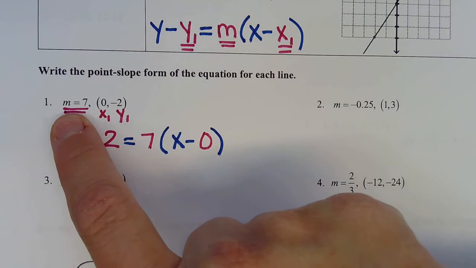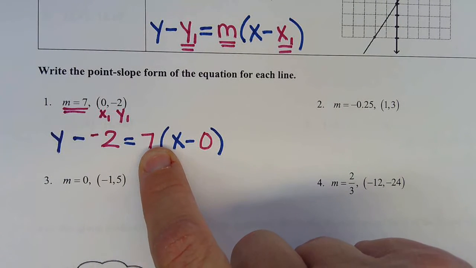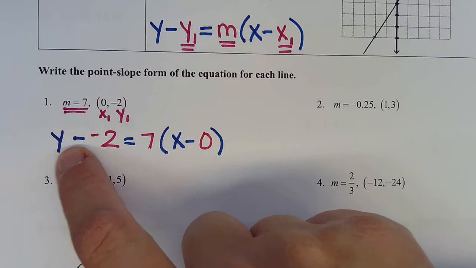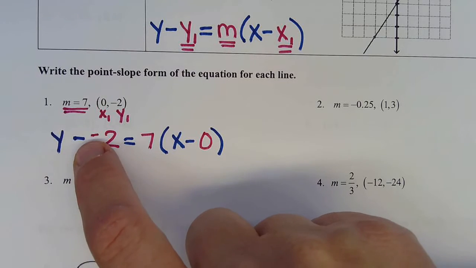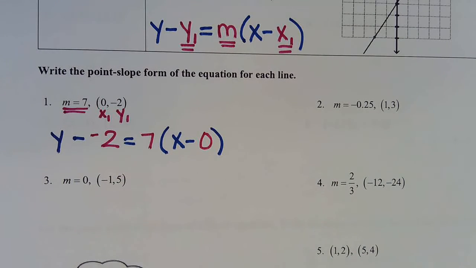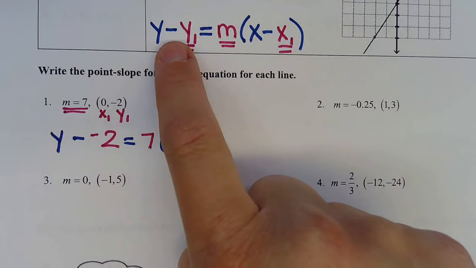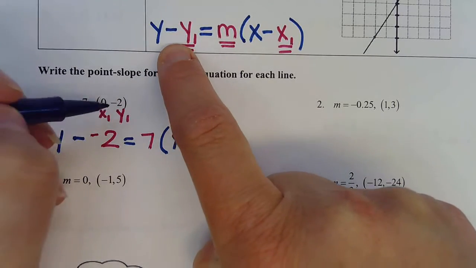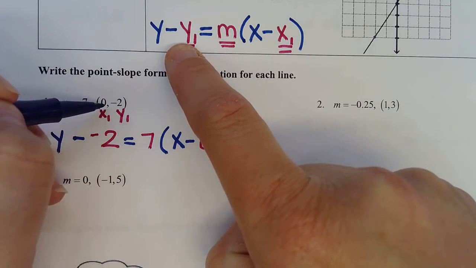7 is m. Yes, Atreyu. Do you have to put that negative sign because it's already a minus? I do. I have to because I'm subtracting -2. Yeah, but before you told me that you don't have to add that because the subtraction sign is already a negative. Well, this is y minus whatever y1 is. So I'm subtracting y1. So minus, and then y1 is -2.